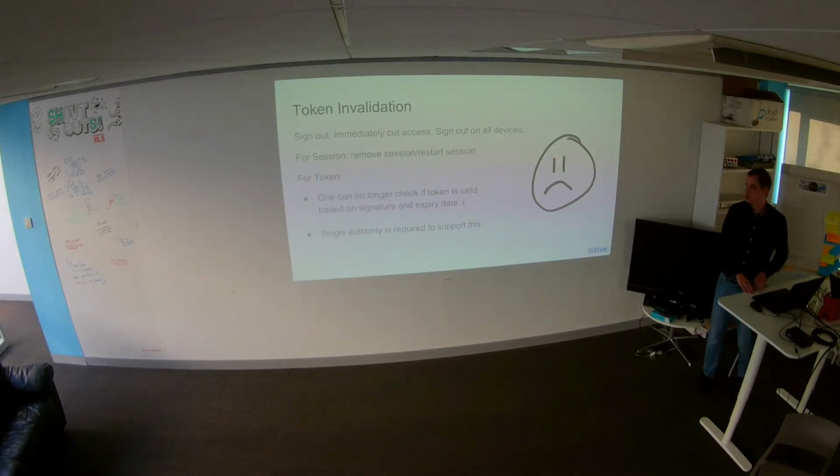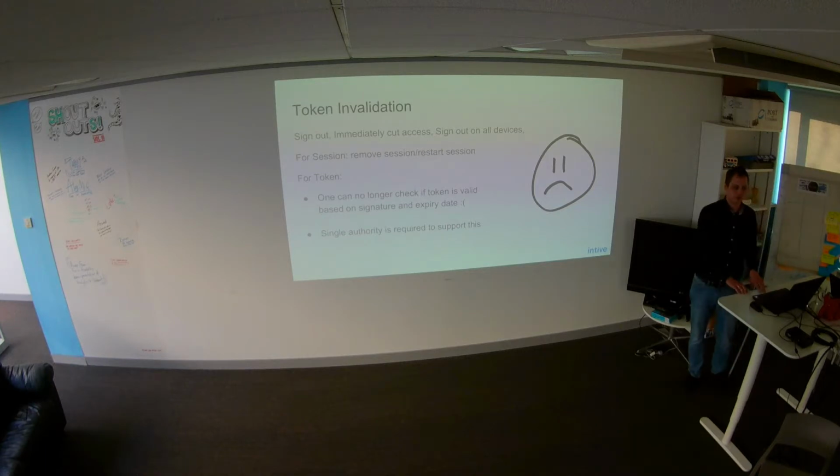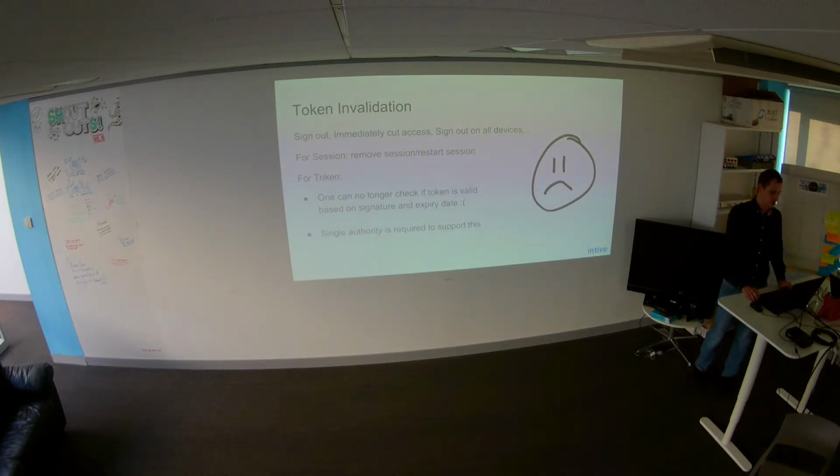Token invalidation. So sign out, immediately cut access, and the interesting case of signing out on all devices. Session, just remove the session or restart it. For tokens, if you thought you can rely on the fact that the token has a signature and the expiry date, that means you cannot immediately invalidate it.